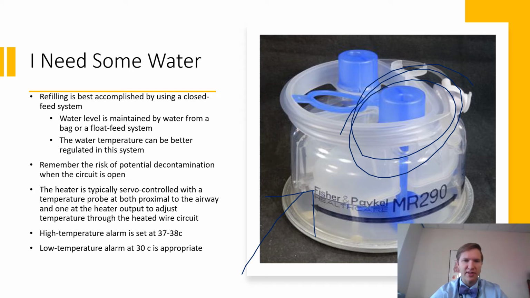So the big thing here is the water temperature can be better regulated in this system because it has a continual level. It's not changing water levels all the time, right? Is it easier to heat up something that has a lot of liquid in it, or is it harder to change that, right? So that's one of the things that we have to worry about here is our water content.